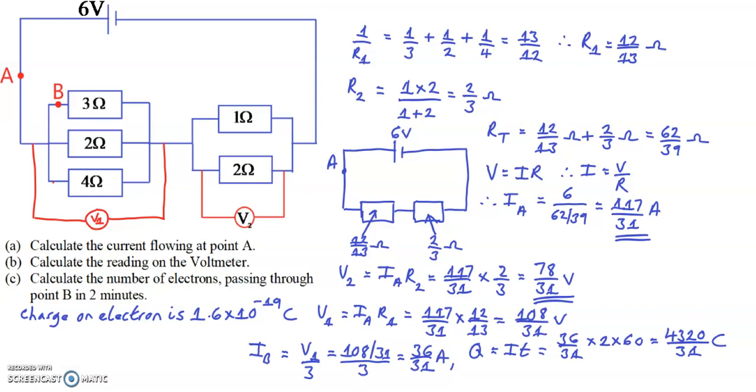The number of electrons equals the amount of charge passing point B in 2 minutes, that many coulombs, divided by the charge on one electron.